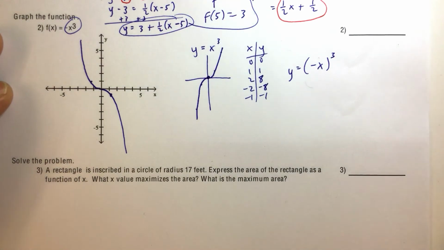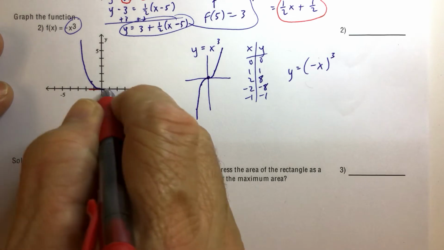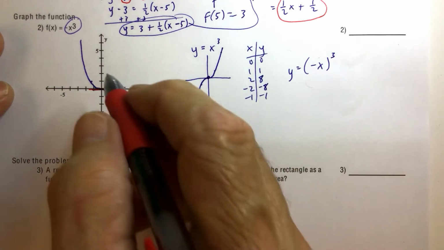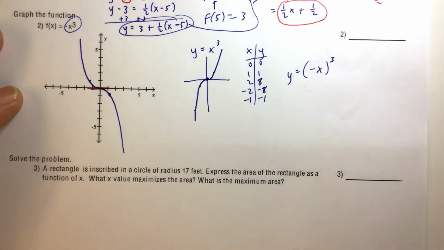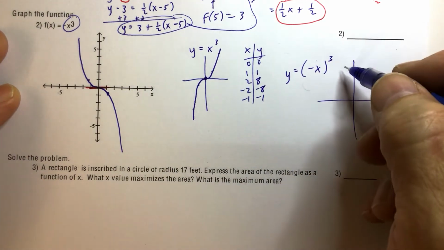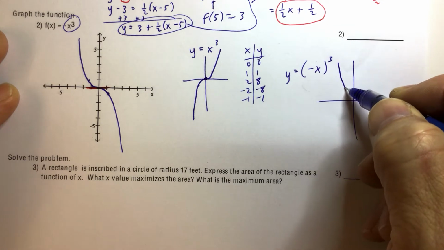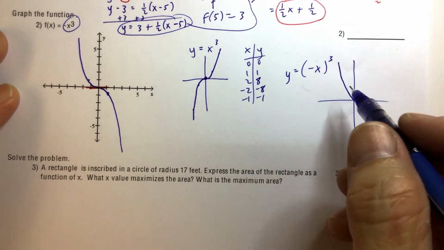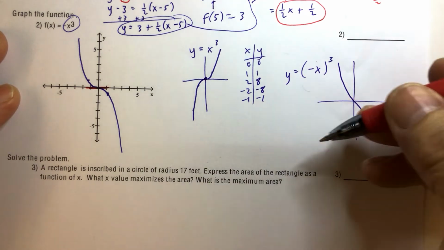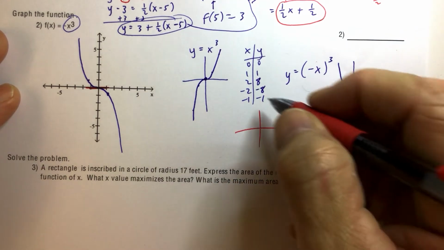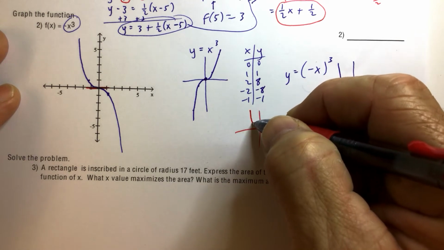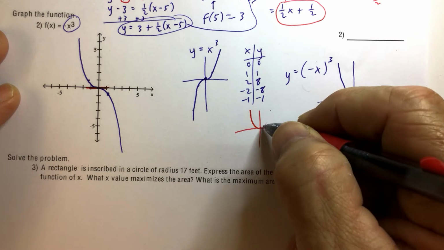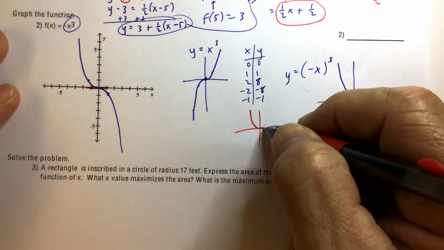And the one thing I should point out is that there is a flat point. There's what we call a horizontal tangent at the origin, and so I get kind of picky about that. Instead of just drawing it like this, if I do this in a different color, when you draw the graph, you kind of draw it like it's going to be coming back up like that, like a parabola, but instead it goes down the other side.